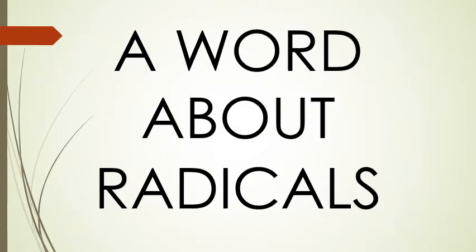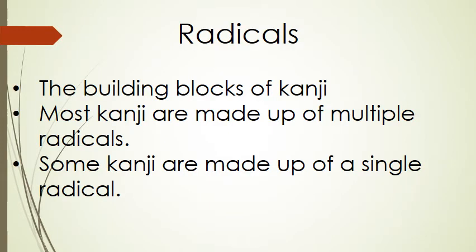Now, before we get into our new kanji for today, I'd actually like to talk to you about kanji radicals. Now that we've learned a good number of kanji, I think it's an appropriate time to introduce this concept. Radicals are essentially the building blocks of kanji. Most kanji are made up of multiple radicals. This is why sometimes you'll see several different kanji that look very similar.